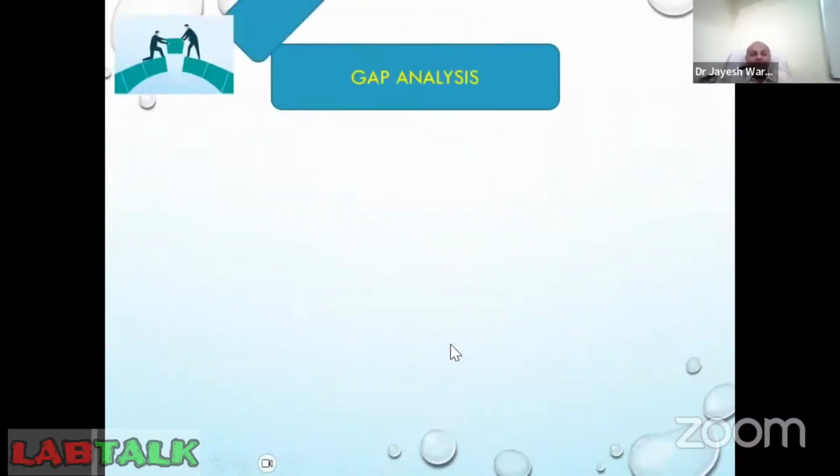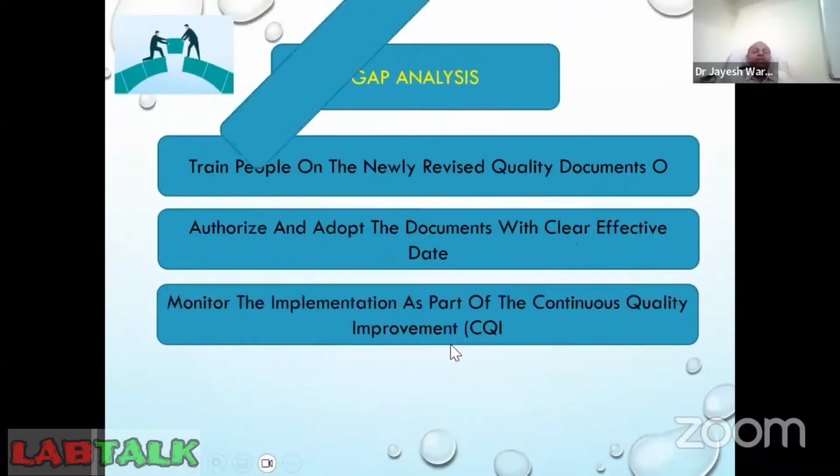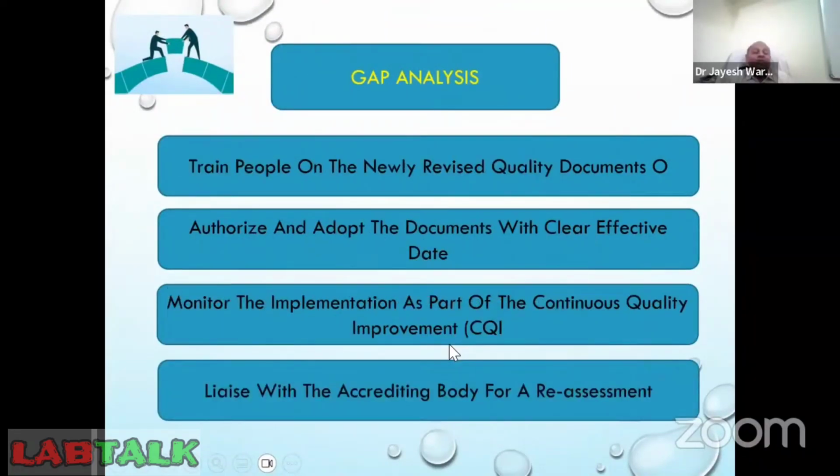What comes after revising the quality documents? Once the trainers and supervisors have performed their duties with respect to the gap analysis and revising the documents, it is now your responsibility to train the other technical staff or laboratory personnel.